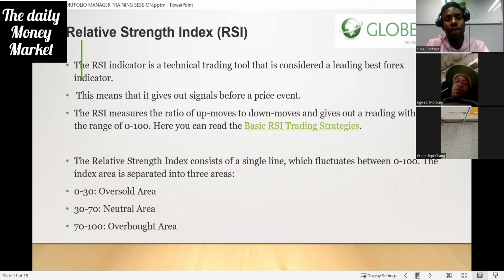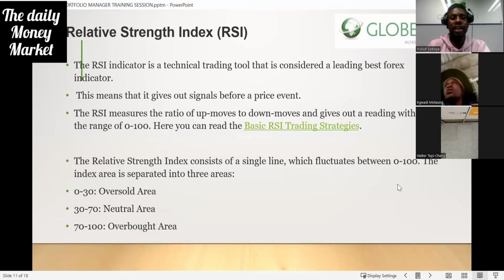The RSI measures the ratio of up moves to down moves and gives out a reading within the range of 0 to 100. You can read a lot of things on the internet. The relative strength index consists of a single line that fluctuates between 0 and 100.